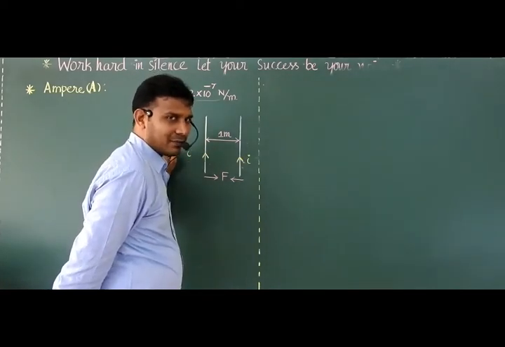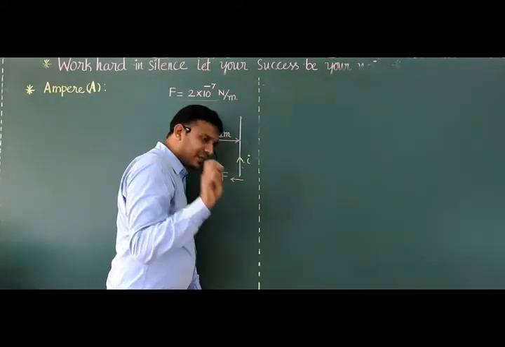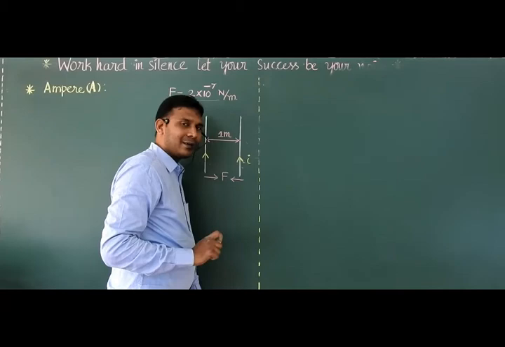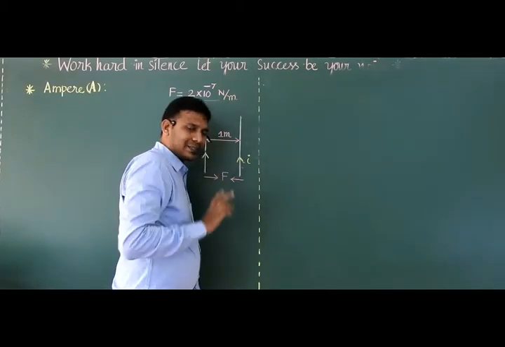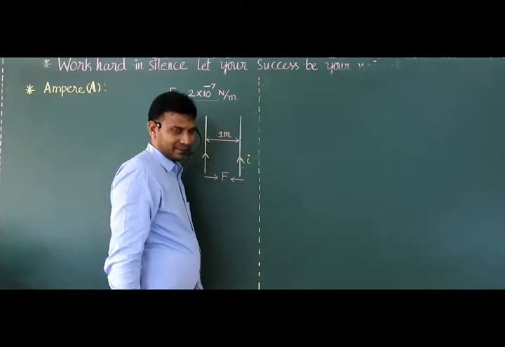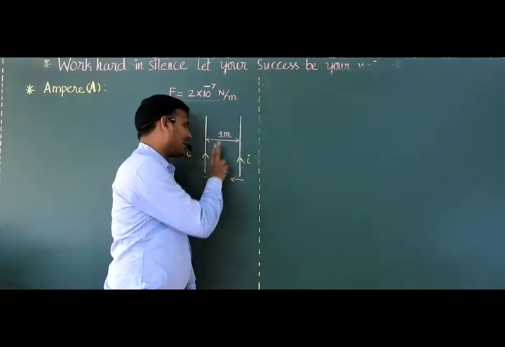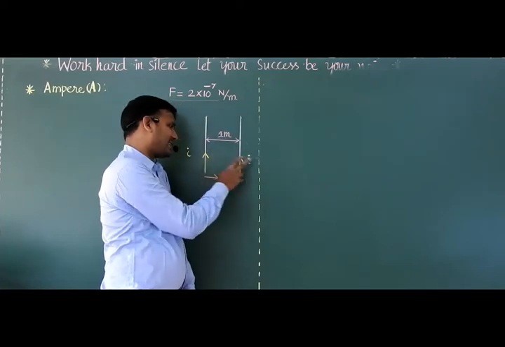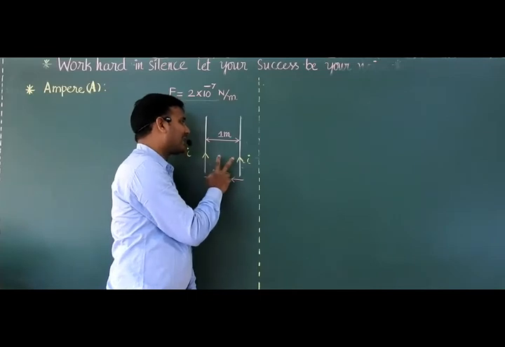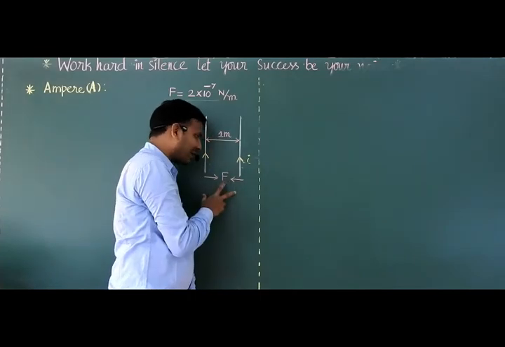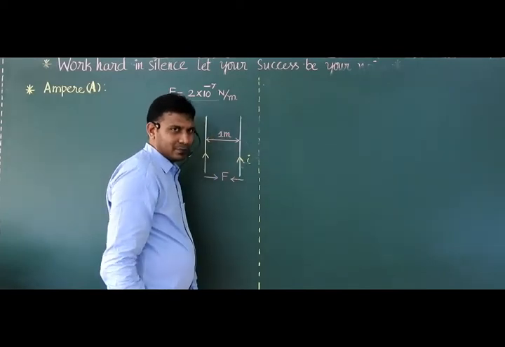No, you are not following. Listen. Two thin parallel conductors placed at a distance of 1 meter. Next, both thin conductors carrying the current I. When current I is carried by these two conductors, there would be a force.